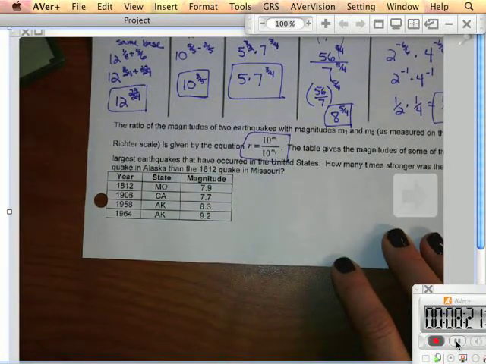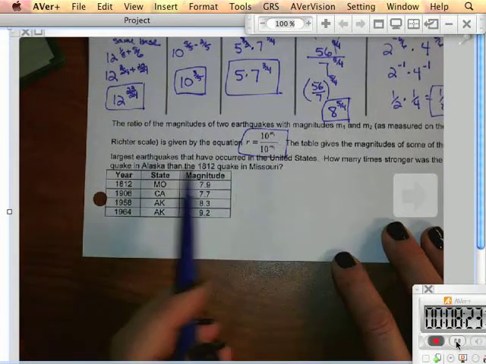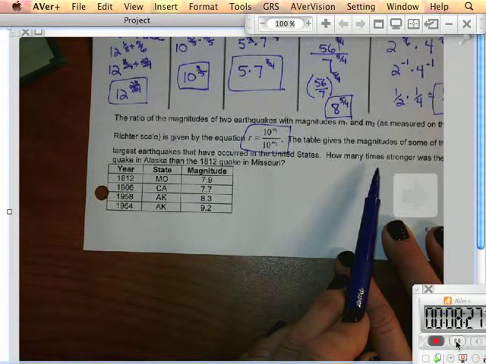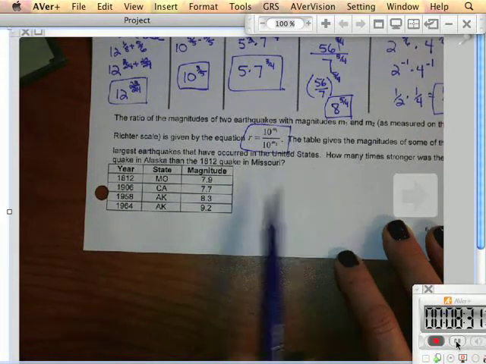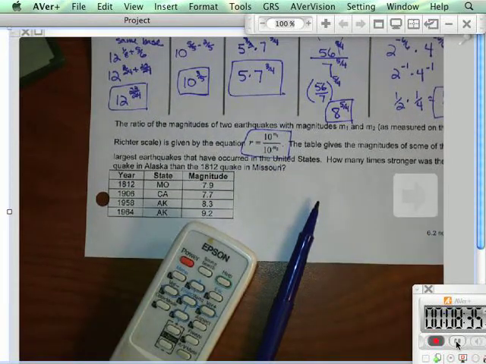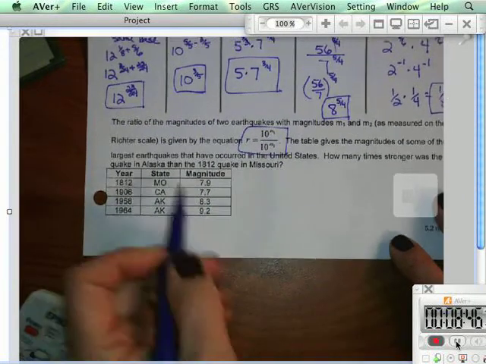The table gives the magnitudes of some of the largest earthquakes that have occurred in the U.S. How many times stronger was the 1964 quake in Alaska than the 1812 quake in Missouri? When you want to know how many times stronger something is, does the bigger number go on top or the smaller number? The bigger. Okay? So we need to put Alaska on top.